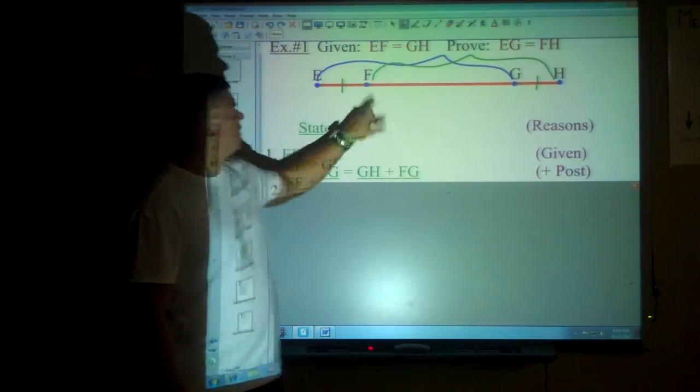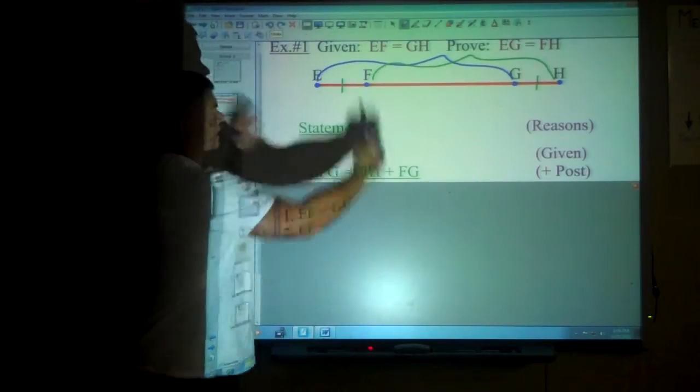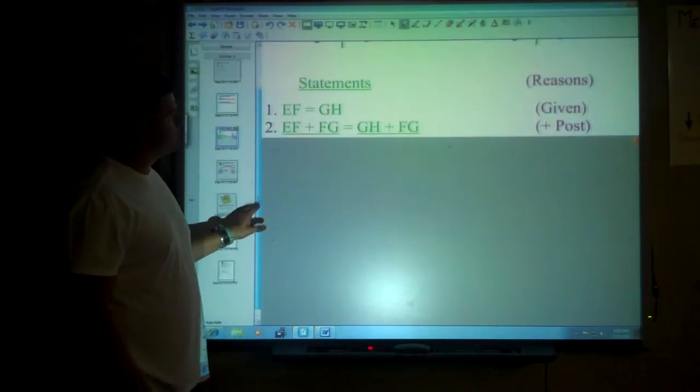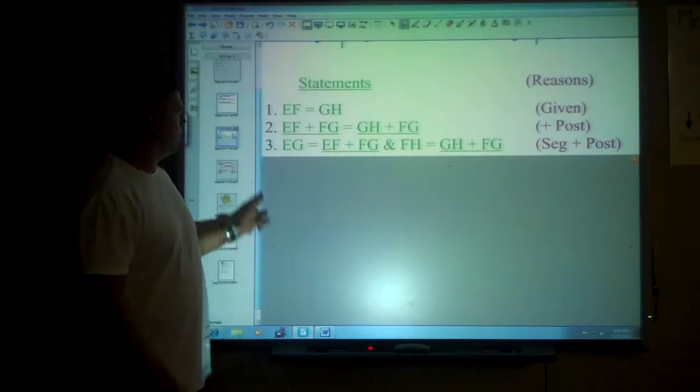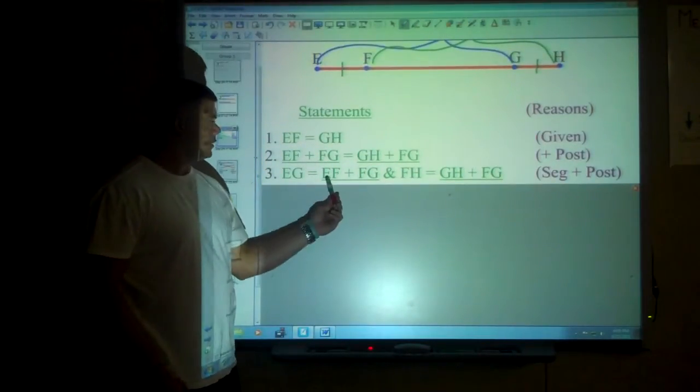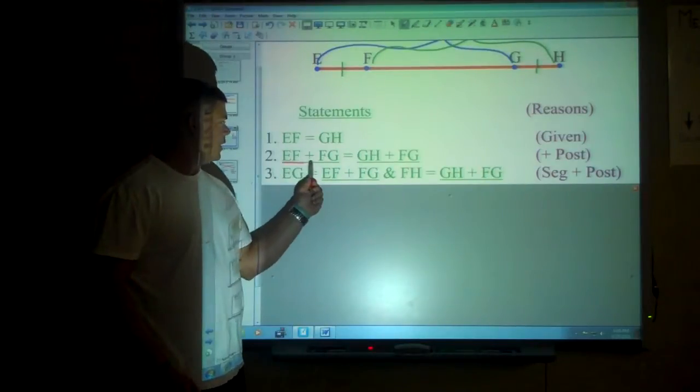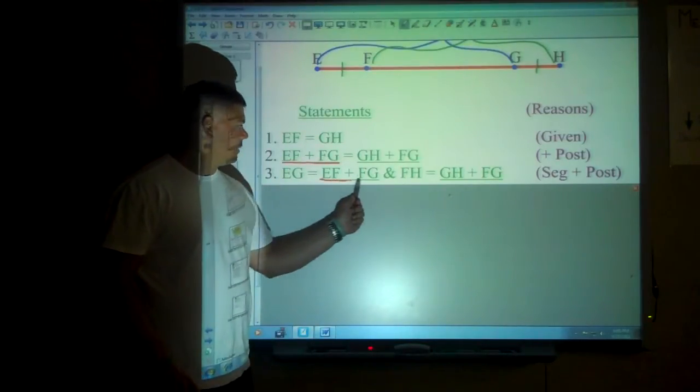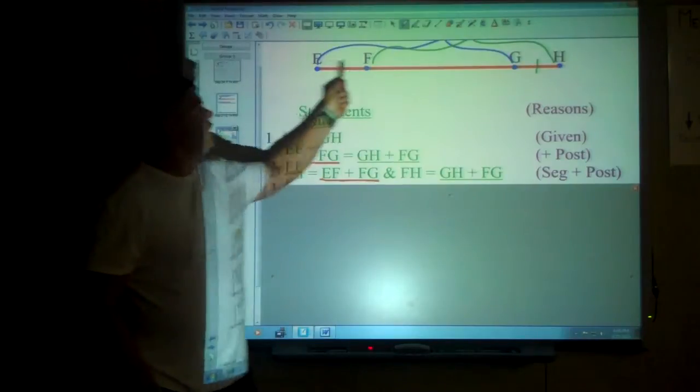Now if you take EF and you add FG to it, you're going to have another segment. So you'll notice there's the part I underlined, is right here. So there is the part we had before, and now it's equal to EG.